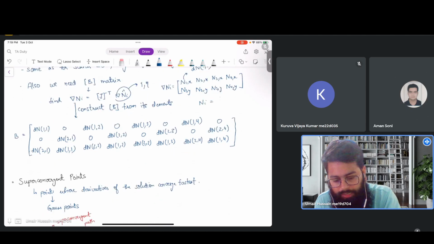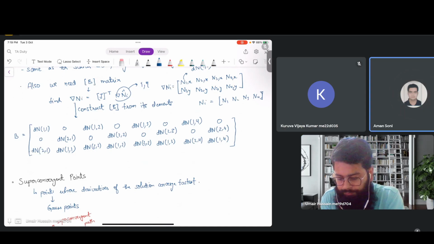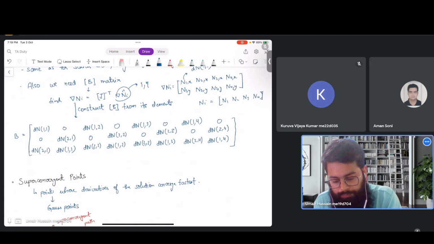Ni is just n1, n2, n3, n4. And if we take the gradient of this, we'll get n1 comma x and n1 comma y, n2 comma x, n2 comma y. I'm not sure about the specific order here, but it is a collection of all this data. And here we've shown how to convert it from the natural coordinate system to the XY coordinate system. Then we use it to design B.